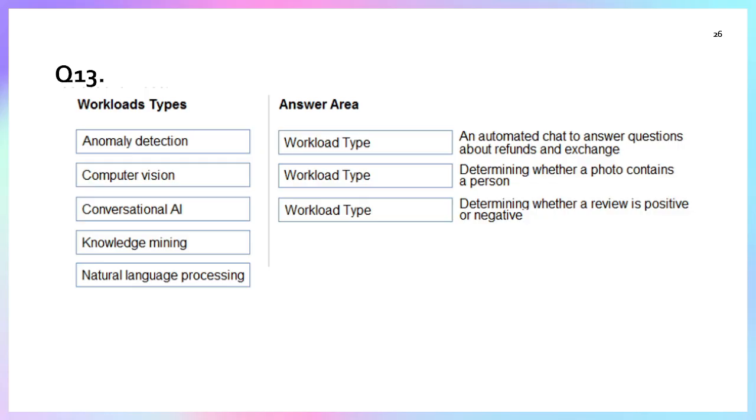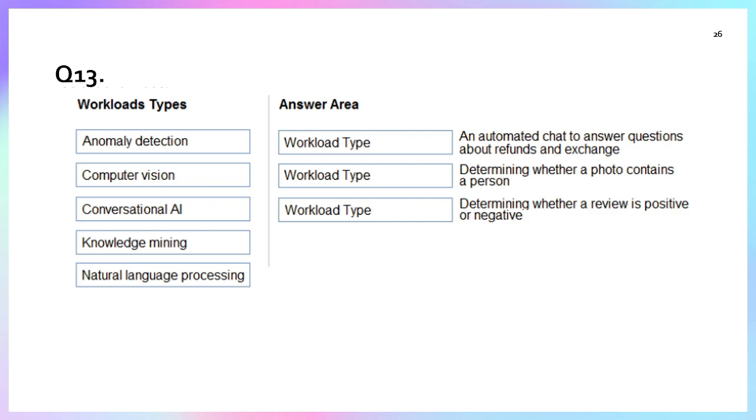Determining whether a photo contains a person, that is vision. Okay, so the first one is conversational AI, the second one is computer vision. Now we have determining whether a review is positive or negative.